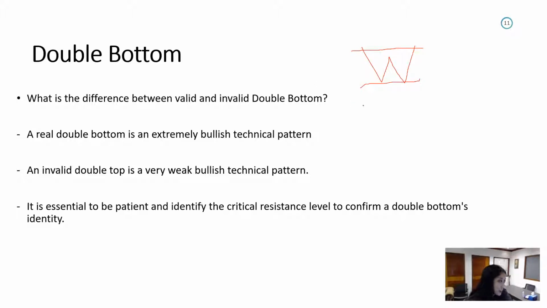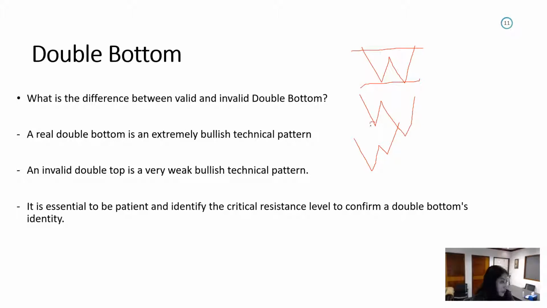What if the double bottom appears in this manner? Or it appears in this manner. So either this manner or this is not valid. Why is it not valid?